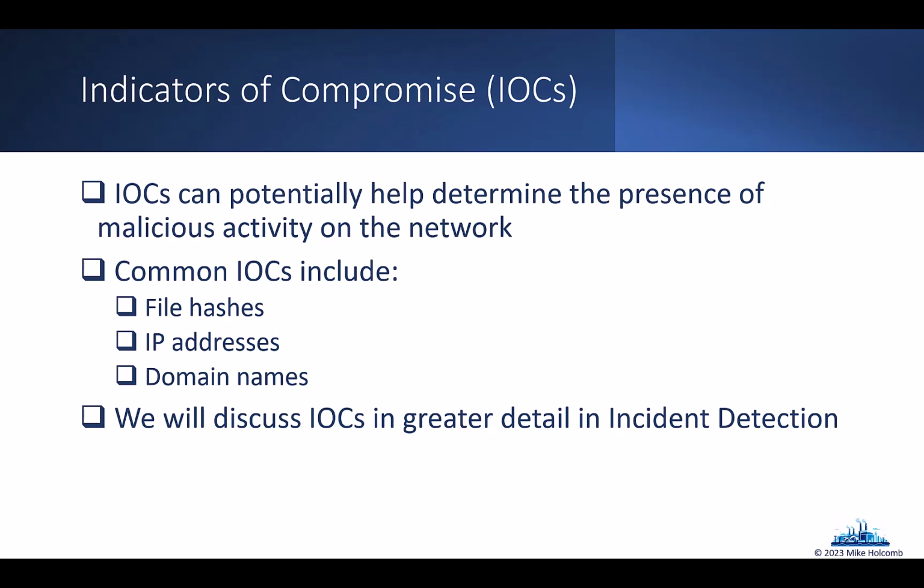So if you find this somewhere else in the environment, it means the attacker is probably there as well. Or if someone at another company or entity sees activity associated with these indicators of compromise, it does exactly that. It indicates that there's potentially a compromise. And we're going to come back and talk about that more in the part for incident detection, but I think you get the idea for now.